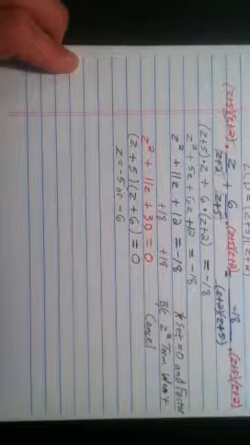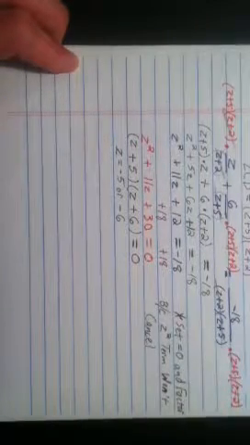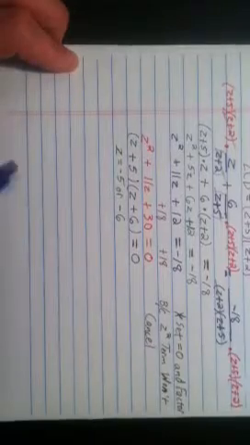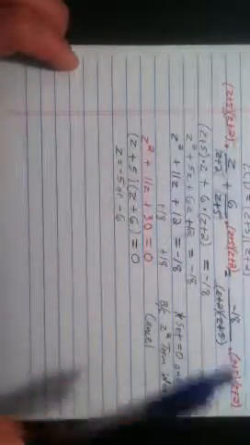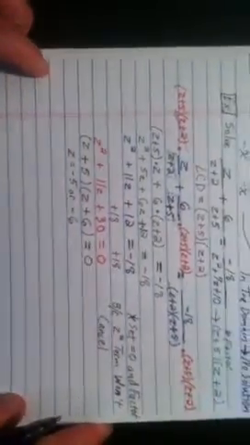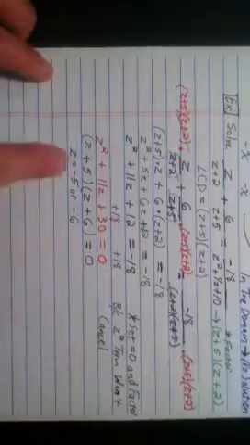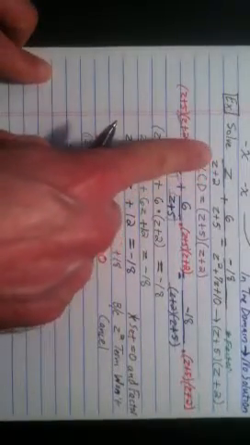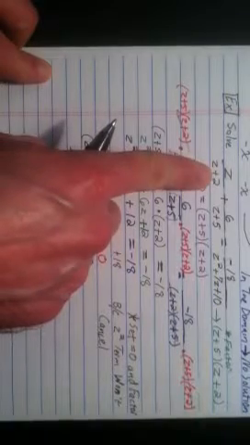We have to check by seeing if they're part of the domain. So looking back at our original problem, I guess you can go all the way back to the top before we changed anything. Negative 5, can we have that in our denominators? Well, negative 5 plus 2 will give us a negative 3 here.